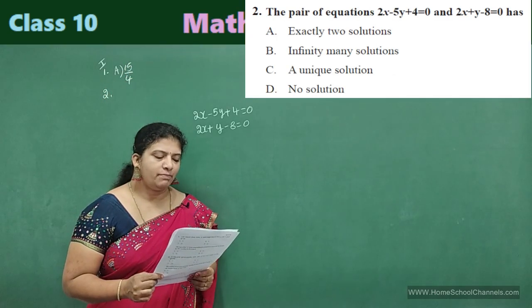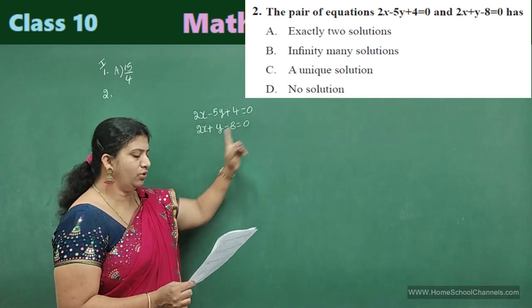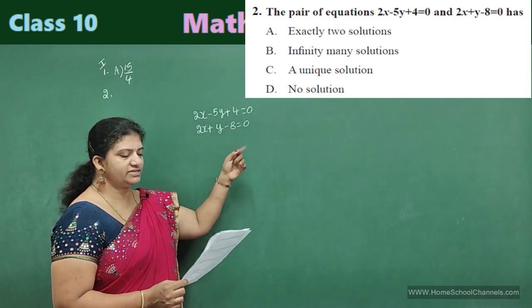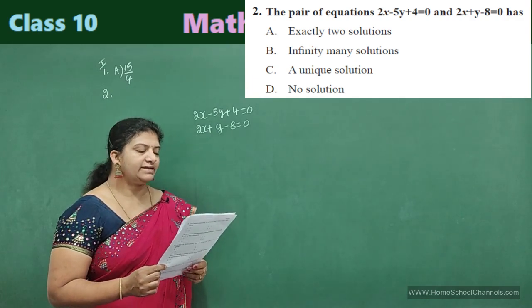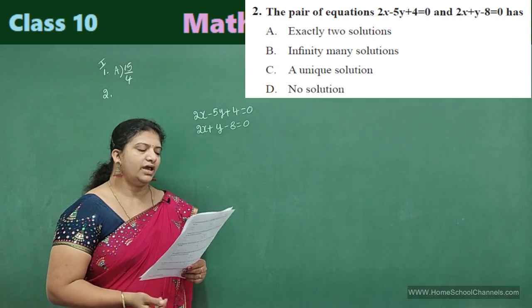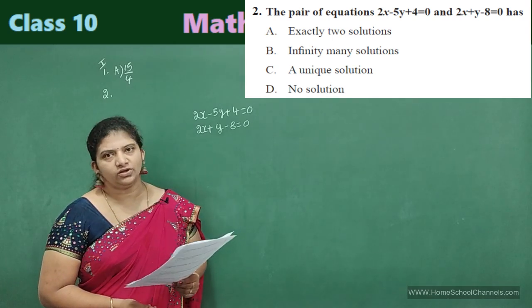Second one. The pair of equations 2x minus 5y plus 4 equal to 0 and 2x plus y minus 8 equal to 0. You have 4 options: exactly 2 solutions, infinitely many solutions, a unique solution, no solution.